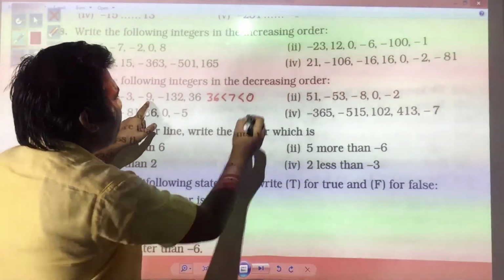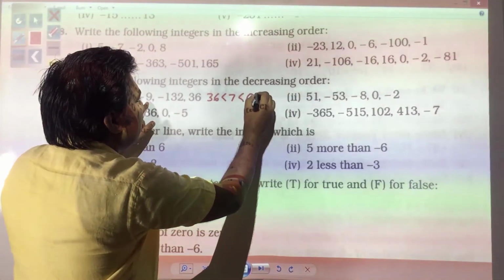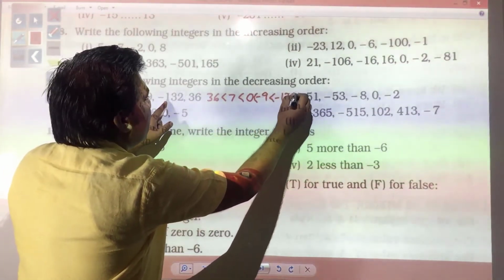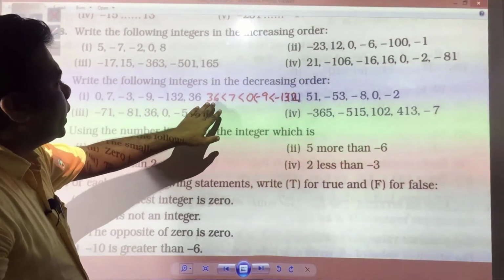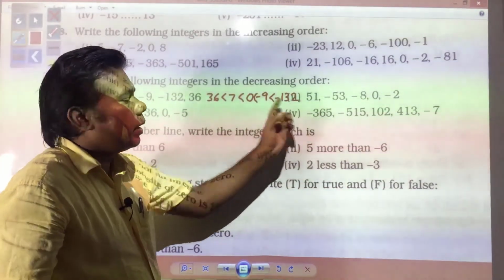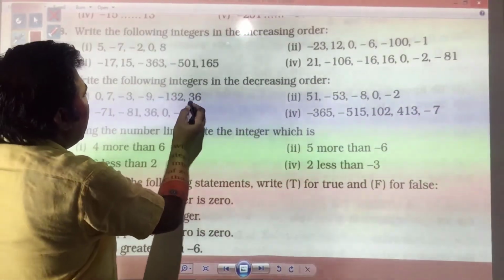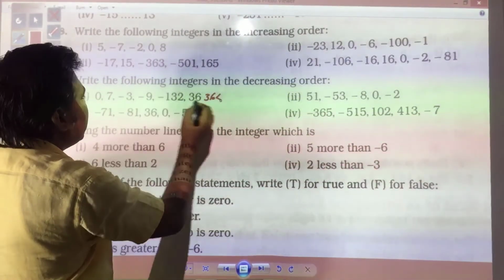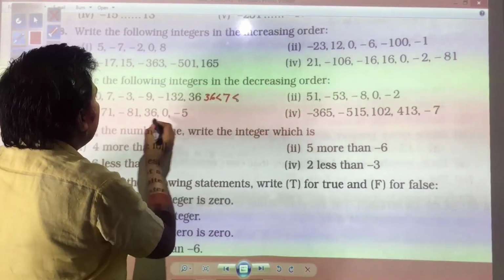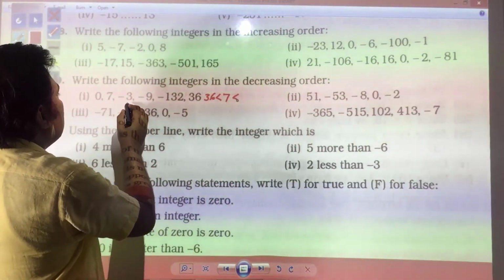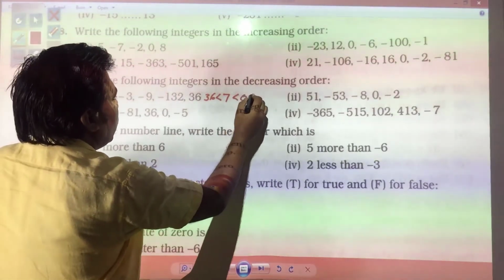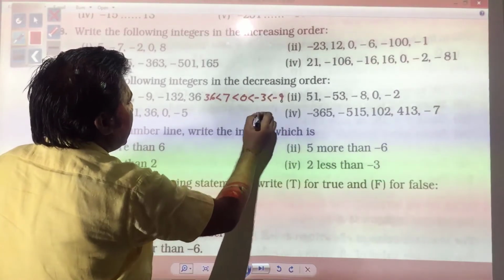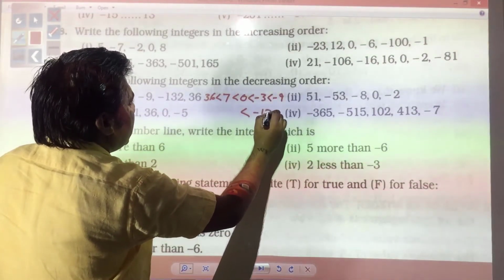Then you have minus 9, and then minus 132.